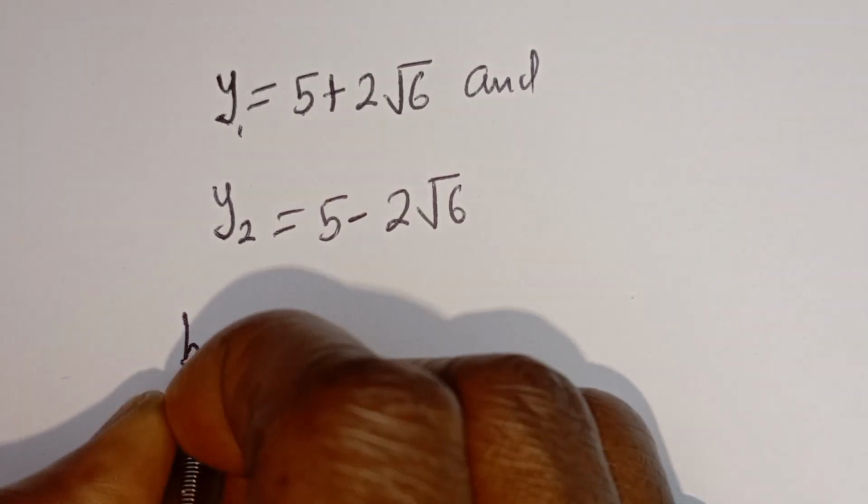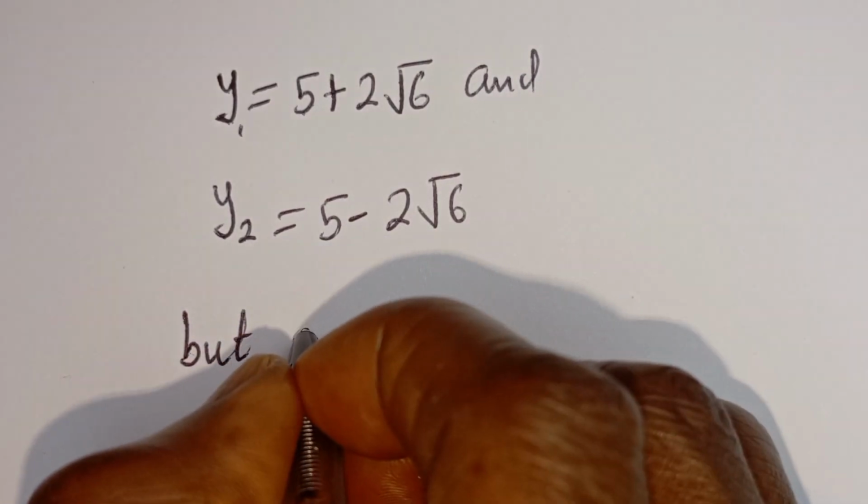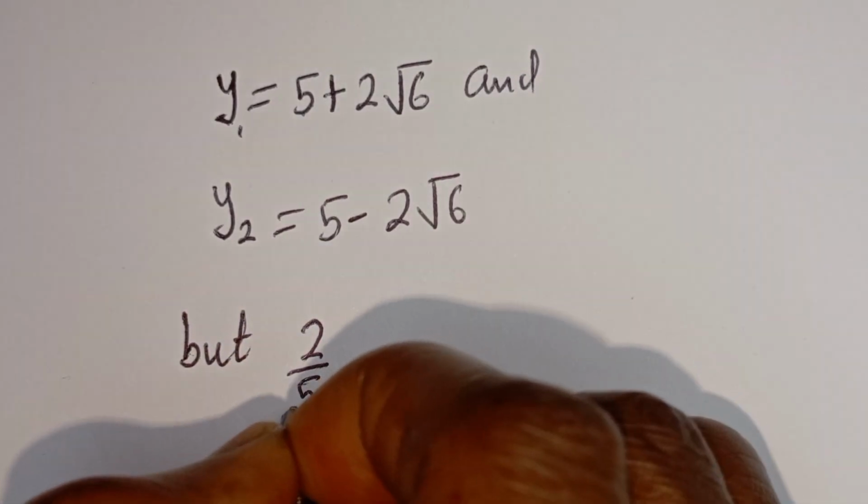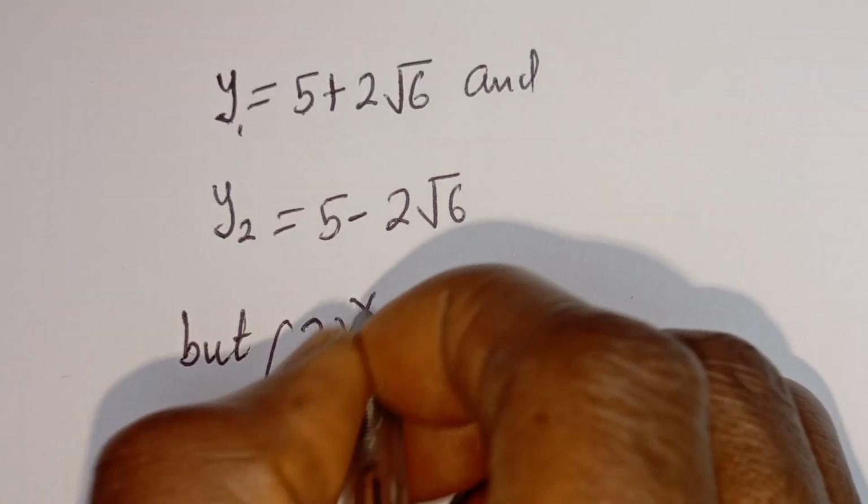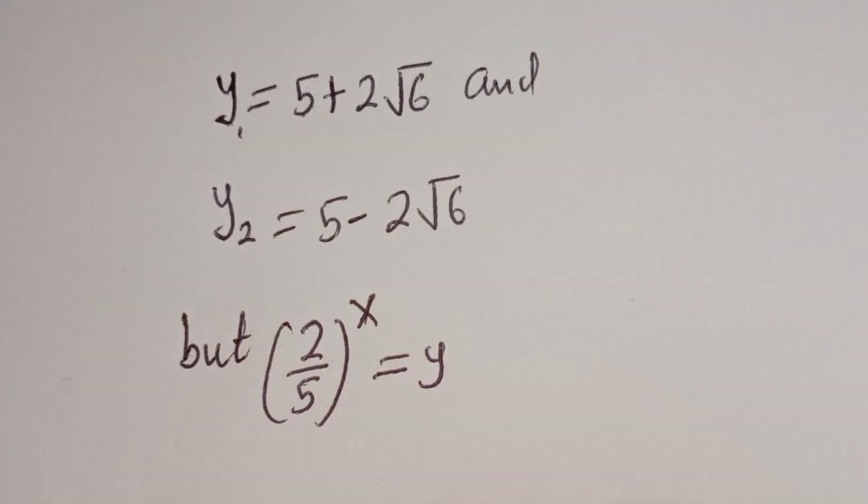But 2 divided by 5 to the power of x is equal to y.